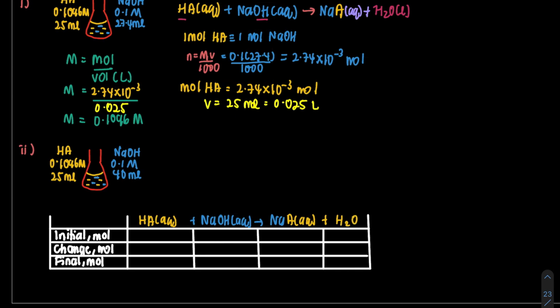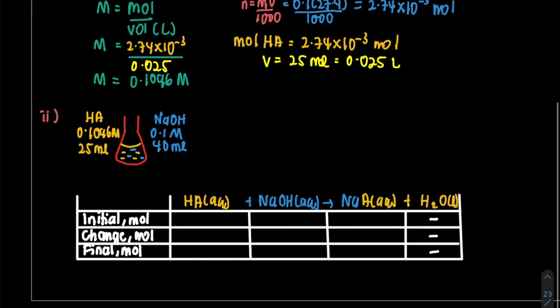Again, H2O is liquid, so we don't want any information. Minus, minus, minus. Here we're going to use the mole, not the molarity. The mole of our acid we already found above: 2.74 exponent negative 3. So I'm just going to include this value.